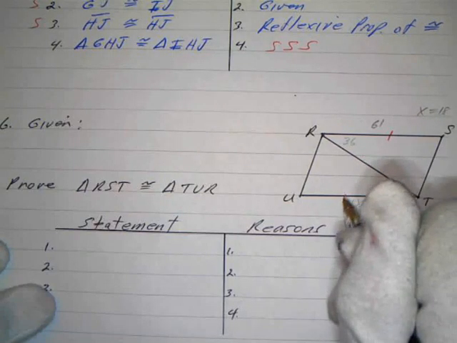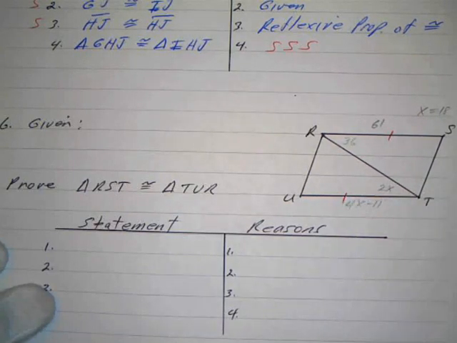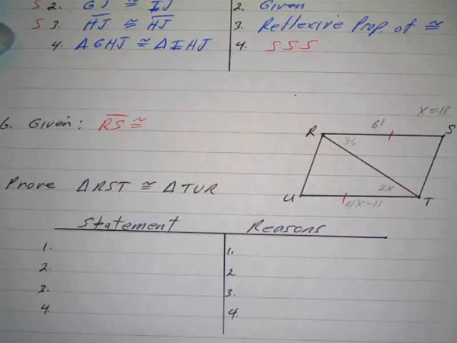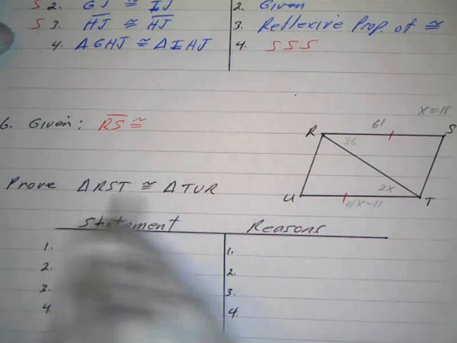So in reality, that just tells us that these two sides are congruent. Okay? So I could say that RS is indeed congruent to TU. And I want to keep my correspondence the same that's in my triangles. You don't have to, but it's kind of neat to do it like that. RS and TU are congruent.